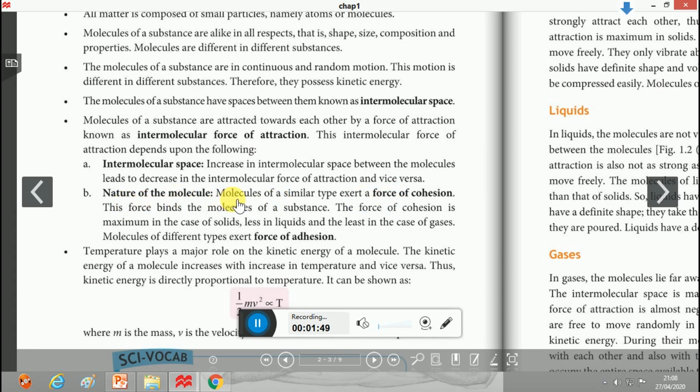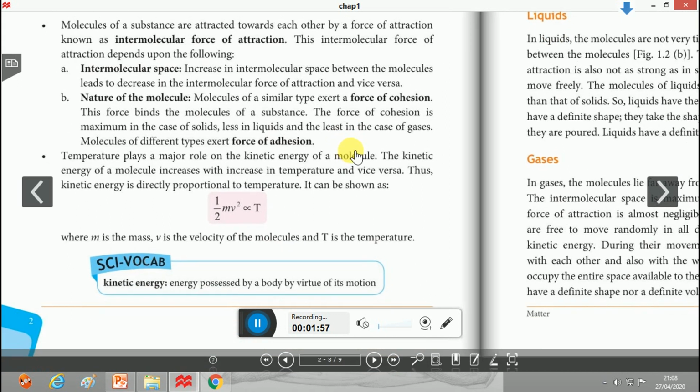The nature of molecules: molecules of similar type exert a force of cohesion and molecules of different type exert a force of adhesion. Kinetic energy, denoted by half mv square, is directly proportional to temperature T, and kinetic energy is the energy possessed by a body by virtue of its motion.